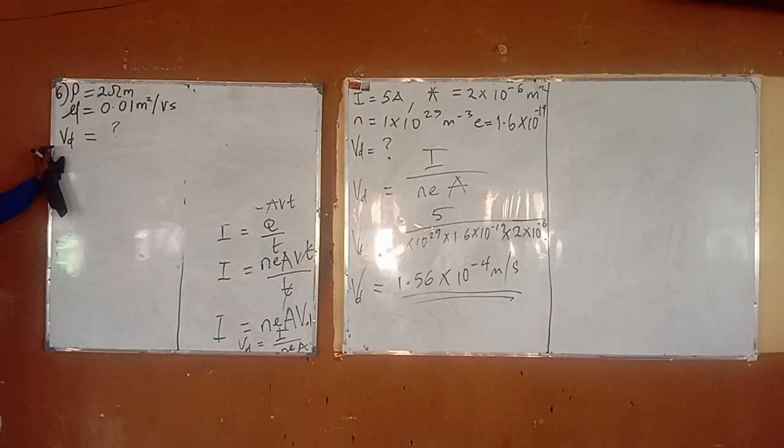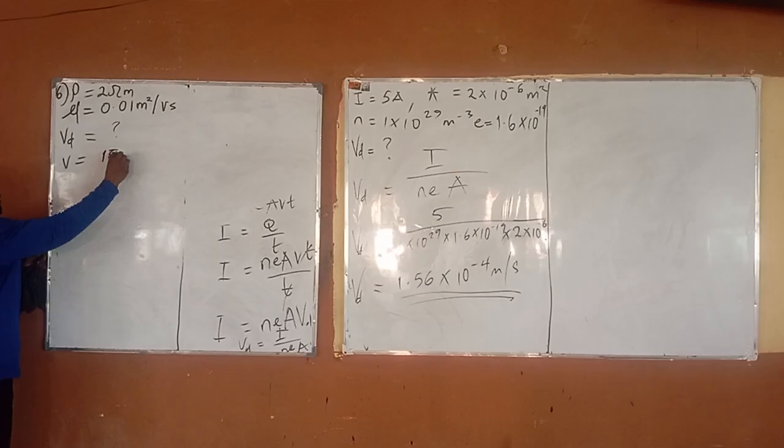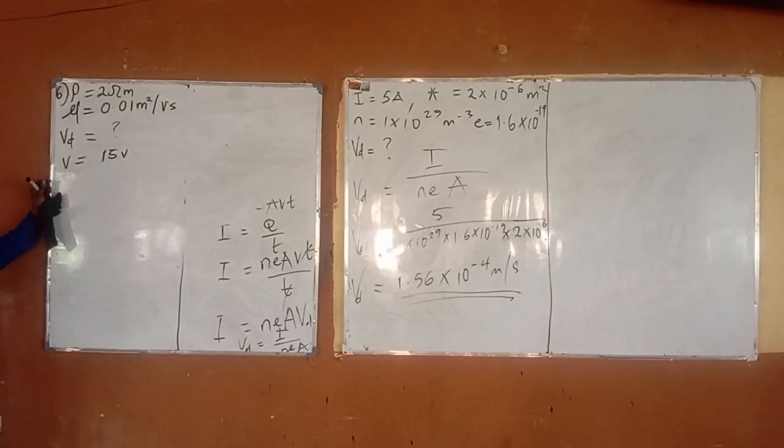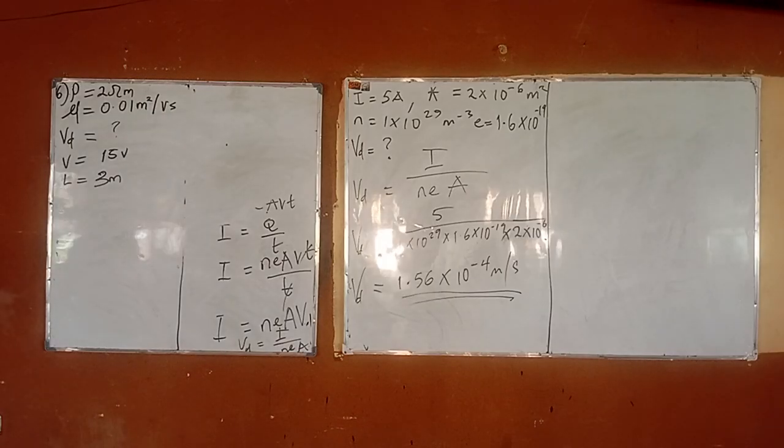A semiconductor has a resistivity of 20 ohm meters and a charge carrier mobility of 0.01 meter squared per volt second. What is the drift velocity of charge carriers when a voltage of 15 volts is applied across a 3 meter length? I wanted to be sure that it's 15 volts.